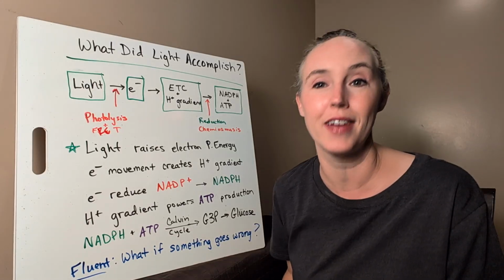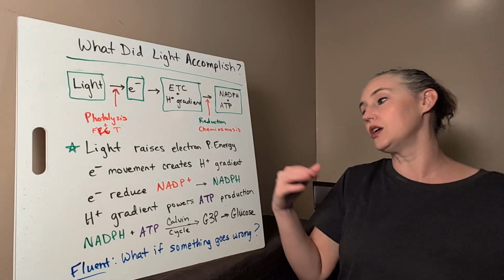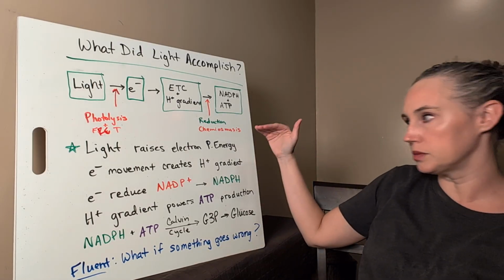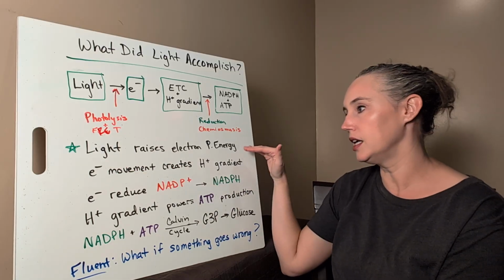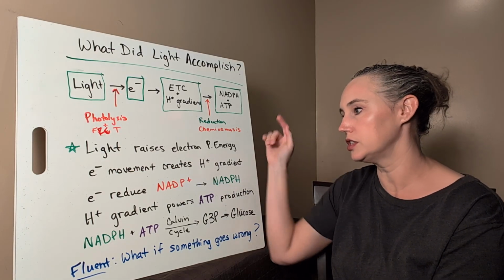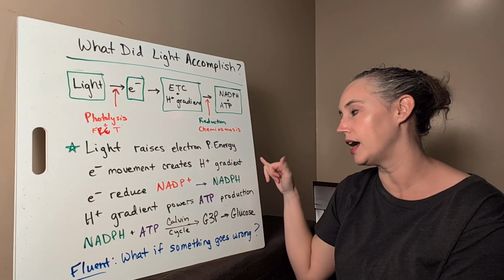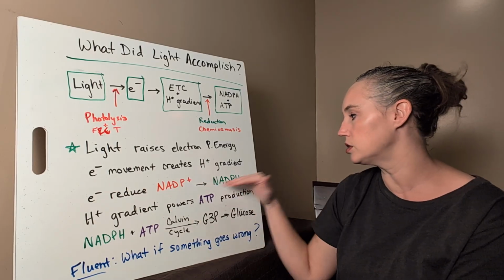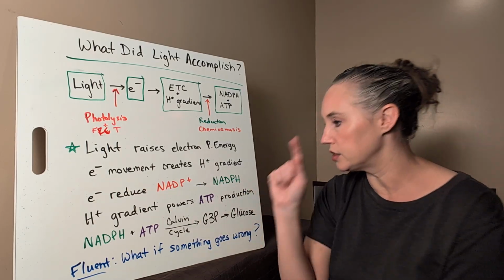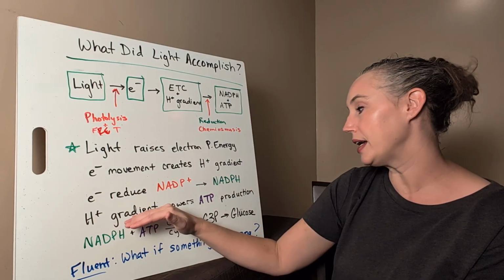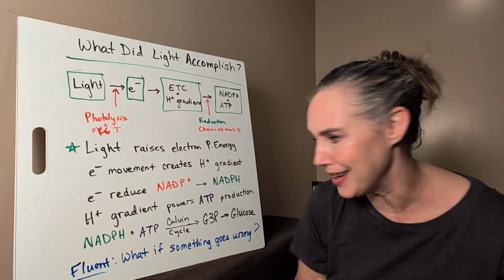the production of ATP. So let me just make sure, what do we say, right? Light raises the electron's potential energy. Yes, electron movement created that H plus gradient. Yes, we reduced NADP plus to NADPH. Yes, H plus gradient then powered ATP production. Yes.